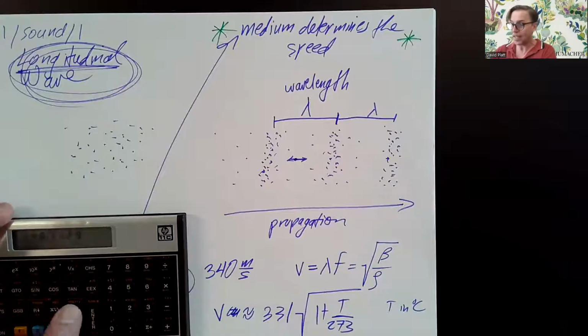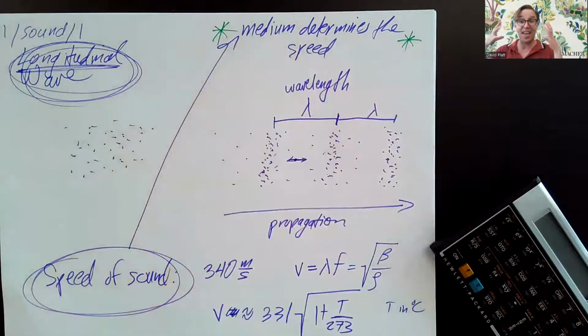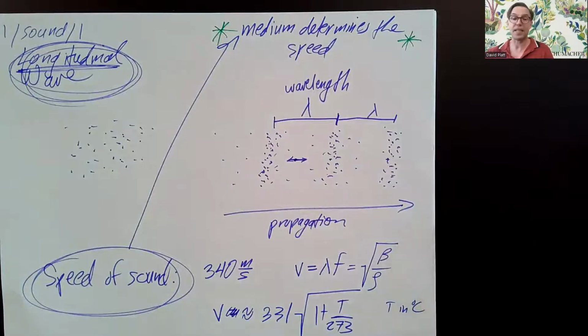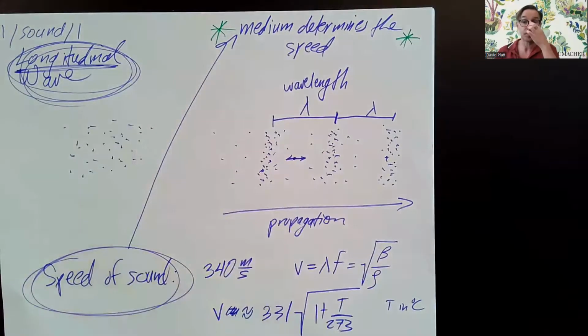Now, how is that an example of the medium determining the speed? The air has properties, and one of its properties is its temperature. Hot air is a different medium than cold air. So the medium and its properties determine the speed.